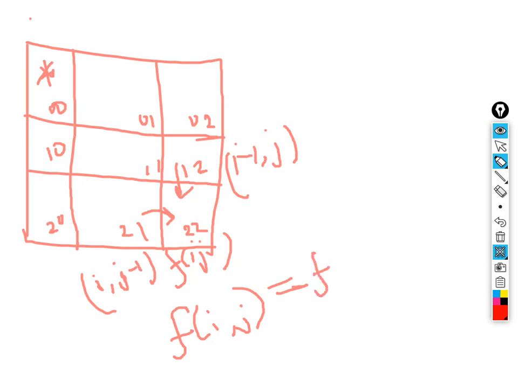So this would be nothing but the summation of f of I, J minus 1 plus f of I minus 1, J. This is how we would be reaching f of I, J. Now let's figure out how to code this part and what exactly we need to do over here. Since we have this recurrence relation, we can see we are starting from the bottom. So this is the bottom up approach which we are using.